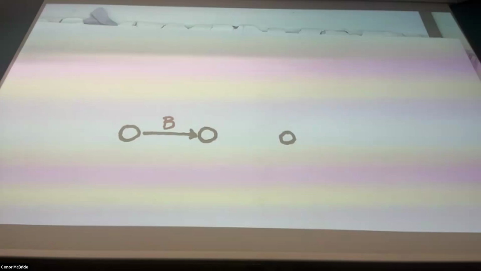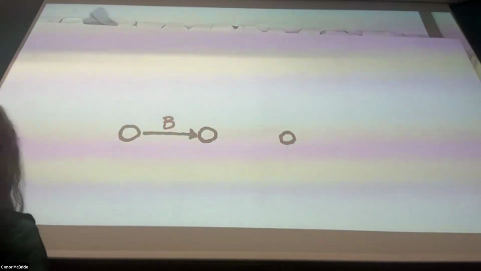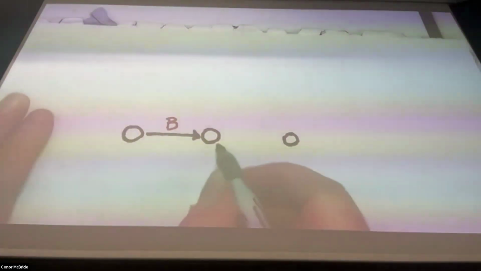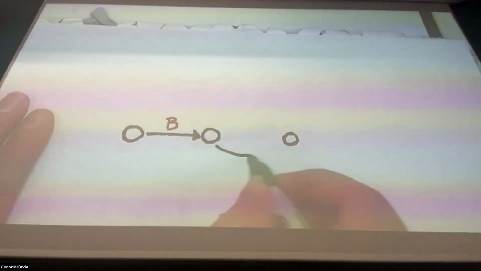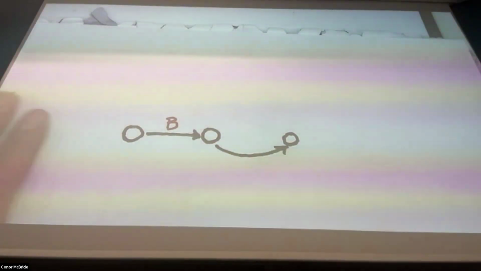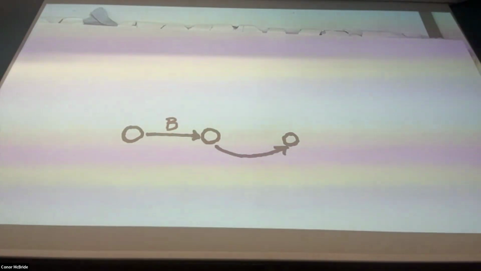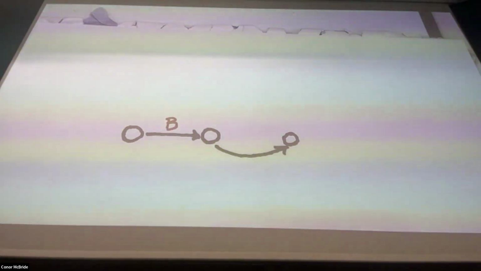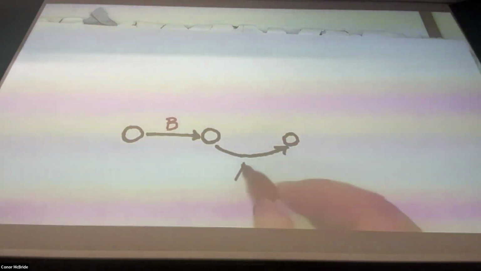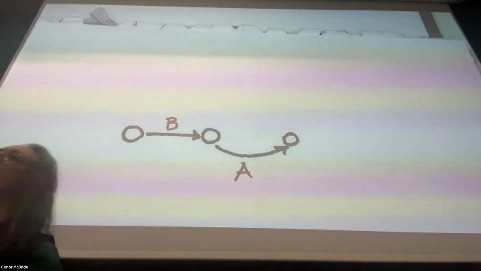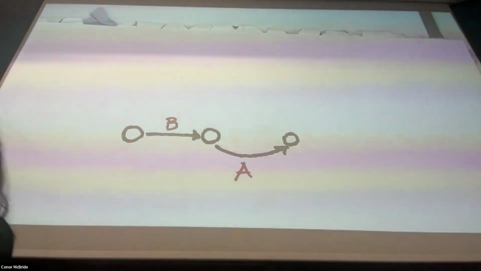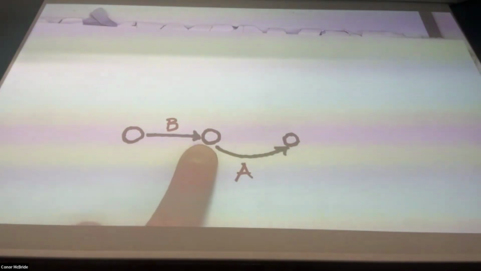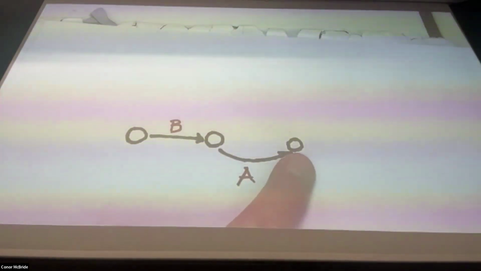Okay. I'm going to draw another arrow. I'm going to label this one with an A. So if we're in this state and an A arrives, we'll move to this state.